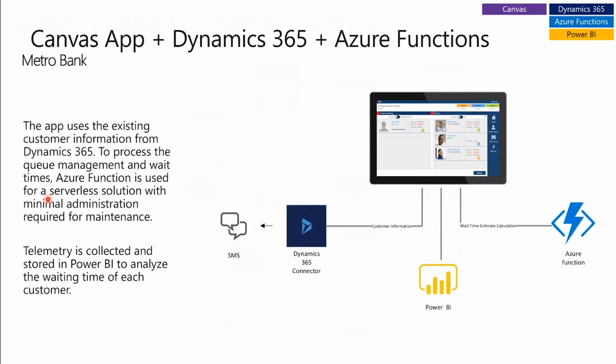So coming to some examples where a lot of great Azure partners are evolving with the Power Platform, because we do have avenues where Macro Bank is one of the well-known examples, which is published on customerstories.microsoft.com as a Power Platform example, where they have used Azure Function, Power BI, and doing those SMS with the Dynamics 365 connector setup.